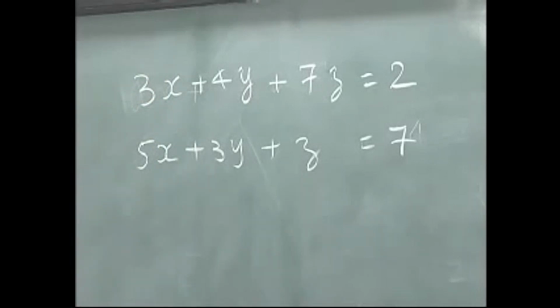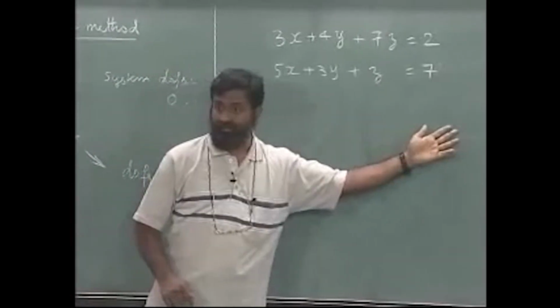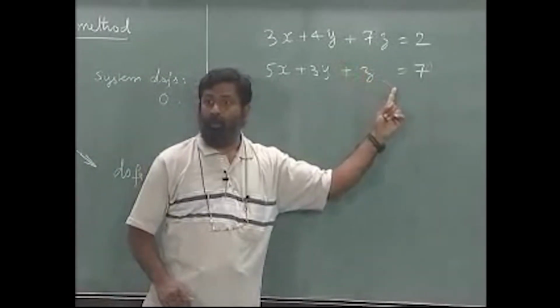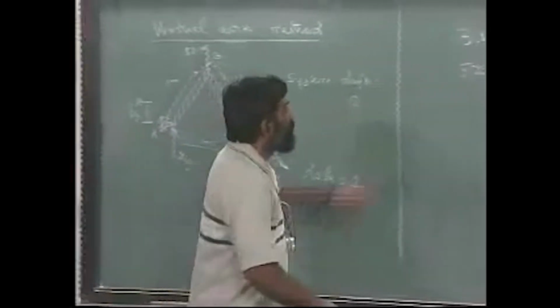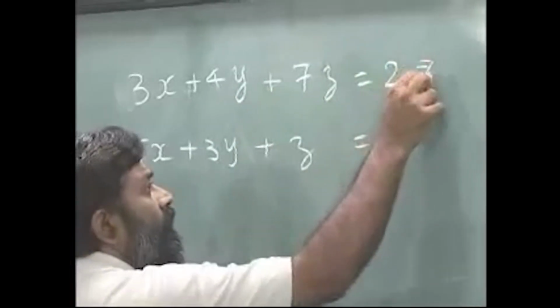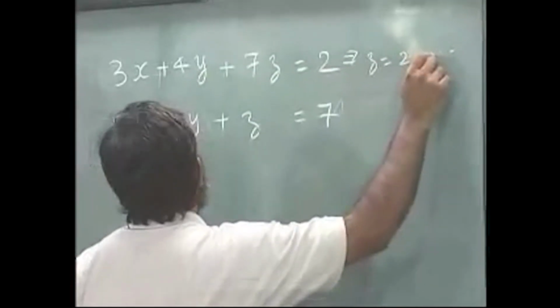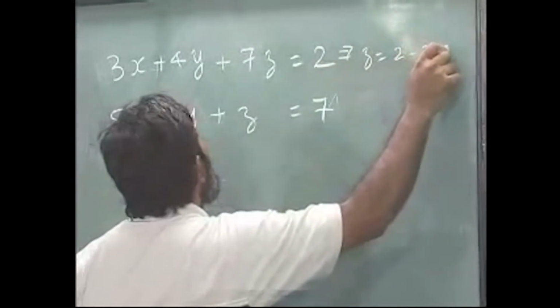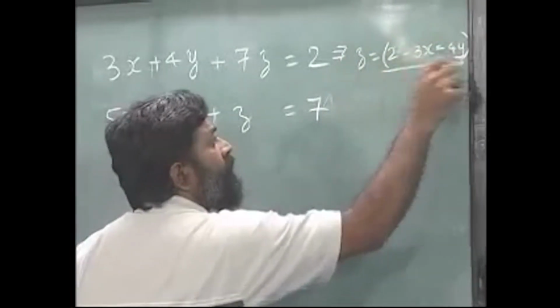is the question very clear? But if I ask you, can you reduce this in such a way that you can write one equation in terms of one of the variables? Let us see if we can. From the first equation I can write z equals 2 minus 3x minus 4y divided by 7.